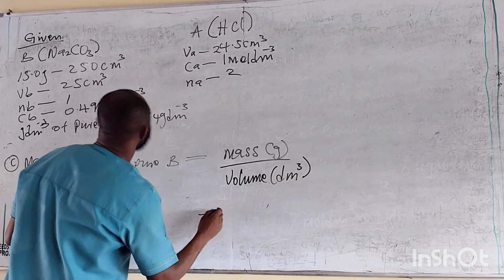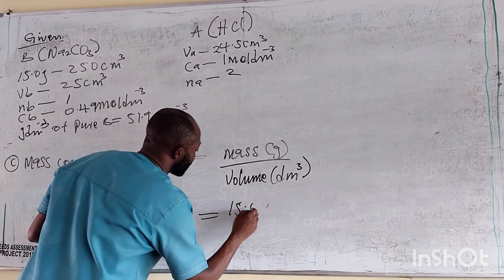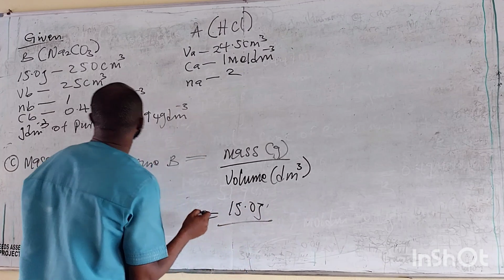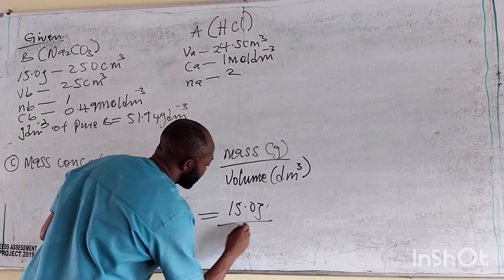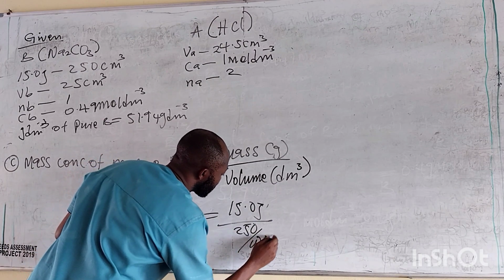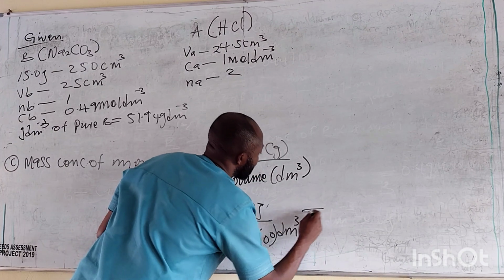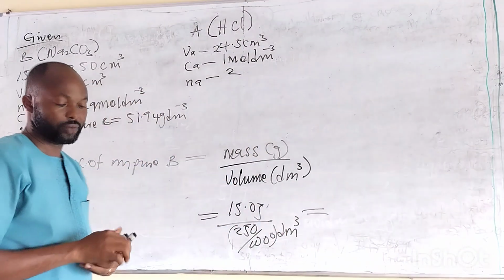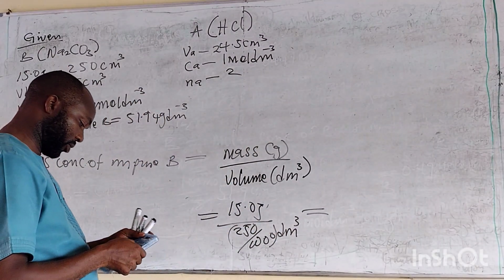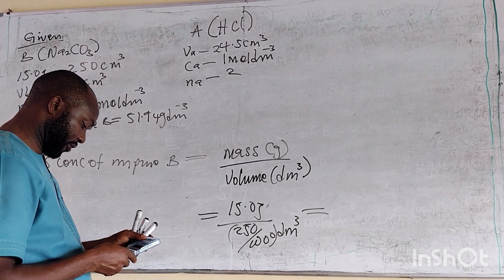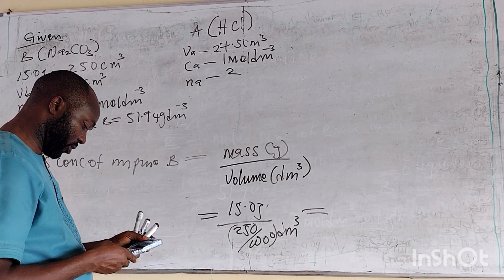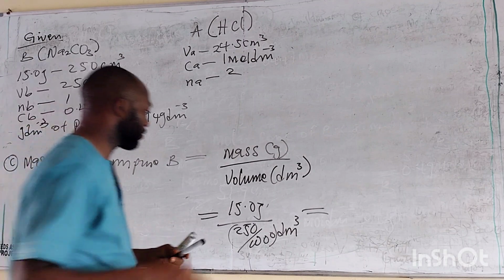The mass is 15.0 gram over the volume, which is 250 over 1000 in dm cube. And this is equals to 250 divided by 1000, 0.25.